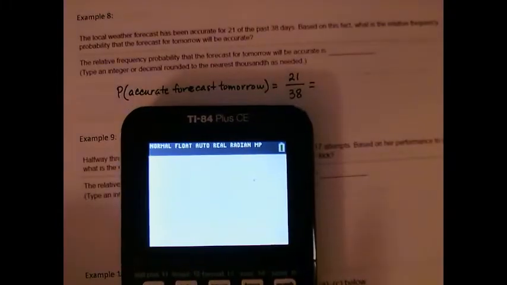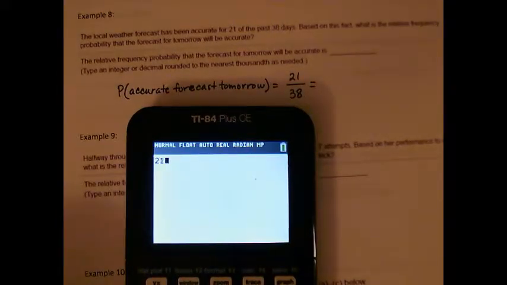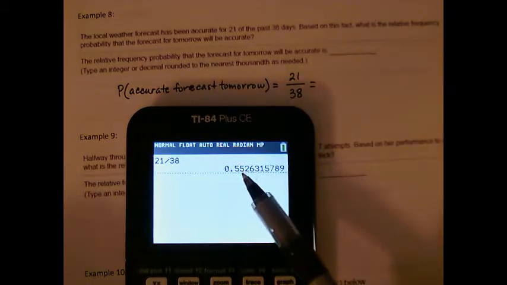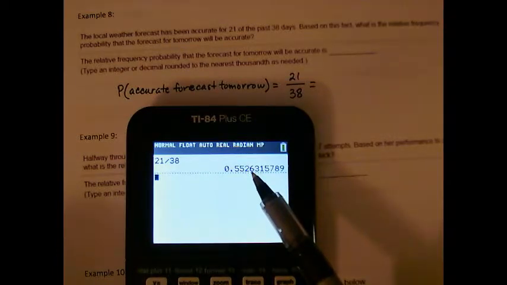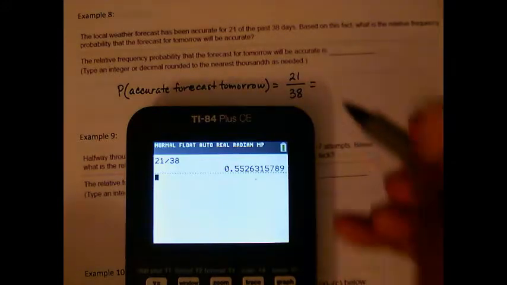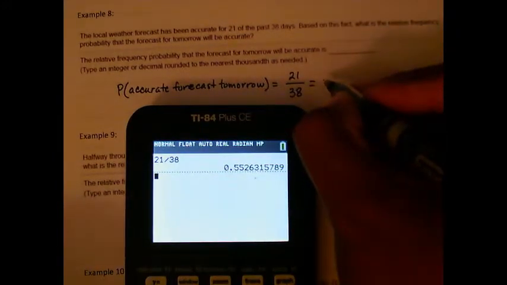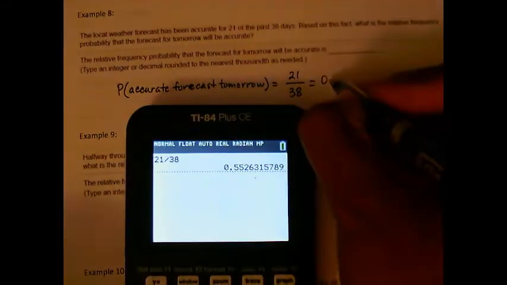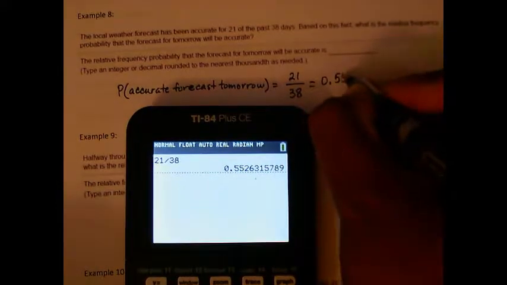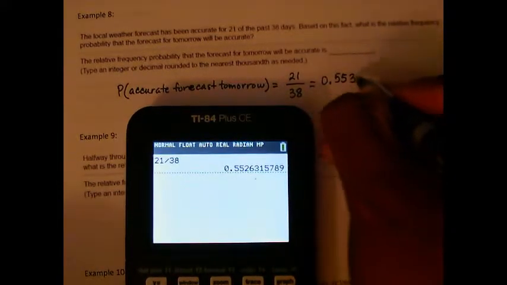So in this case, we're doing 21 divided by 38. And for the 3 decimal places, as you can see here, the third number after the decimal point is a 2. To the right of it is a 6. It's bigger than 5, so we increase the 2 to a 3. So in this case, this will be 0.553.